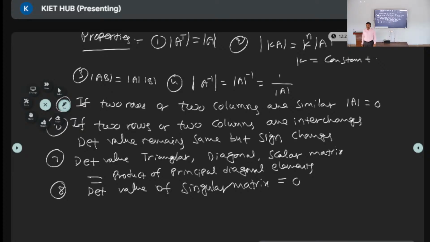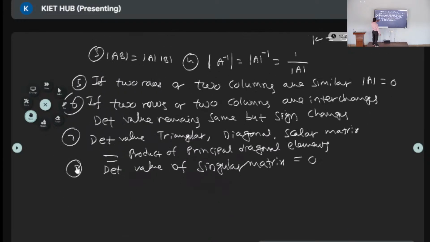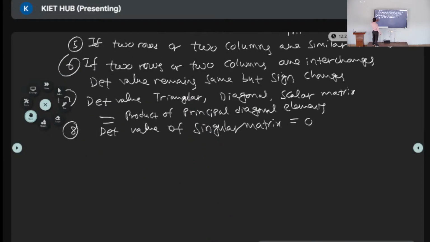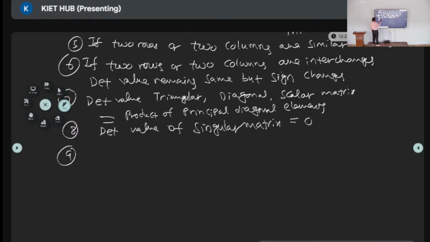The determinant value of the singular matrix is 0. Next, determinant value of a non-singular matrix: not equal to 0.